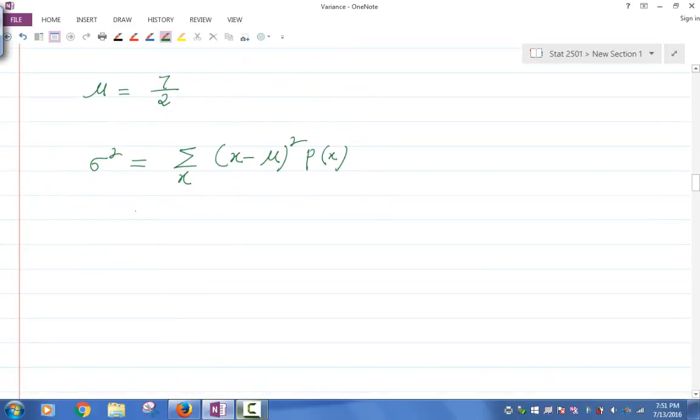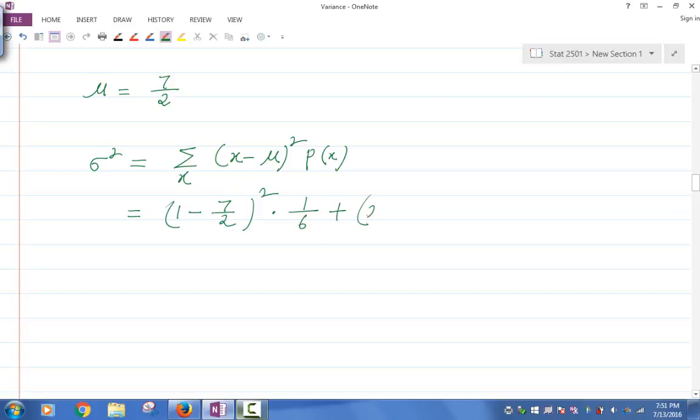So here now the possible values of x are 1 up to 6. When x is 1, 1 minus the mean, 7/2, squared times the probability of 1, which is 1/6, right?